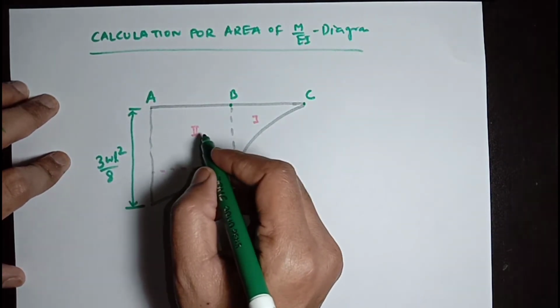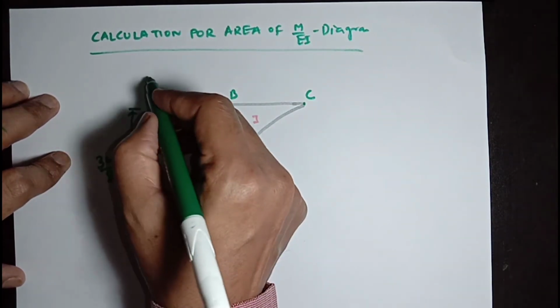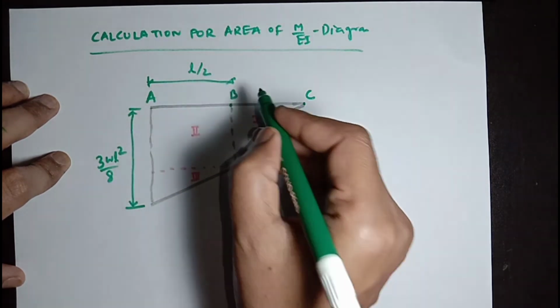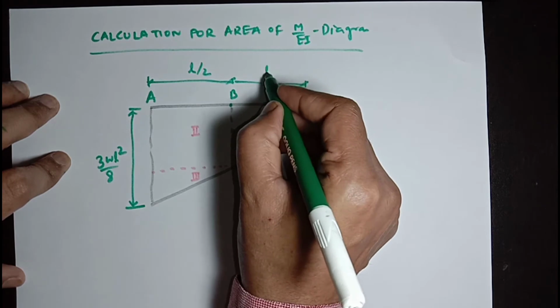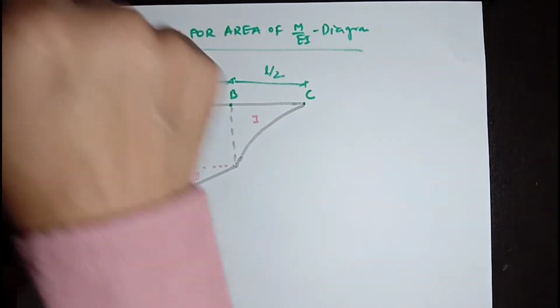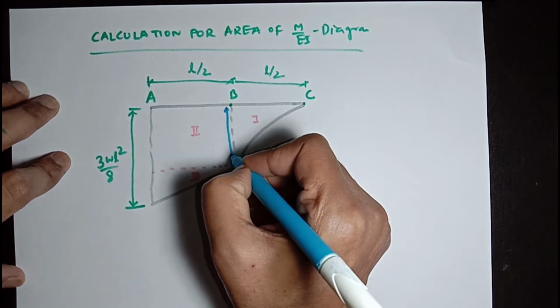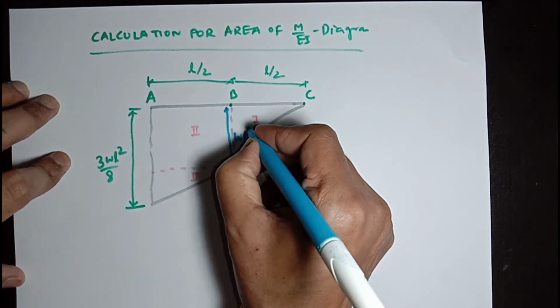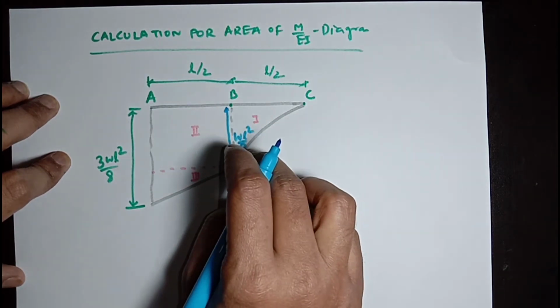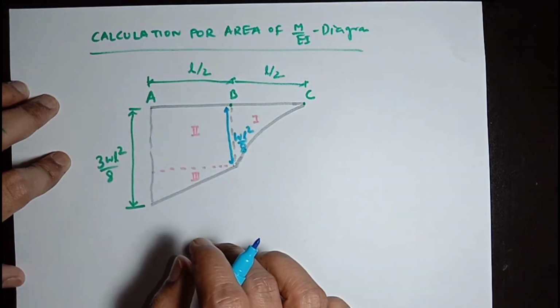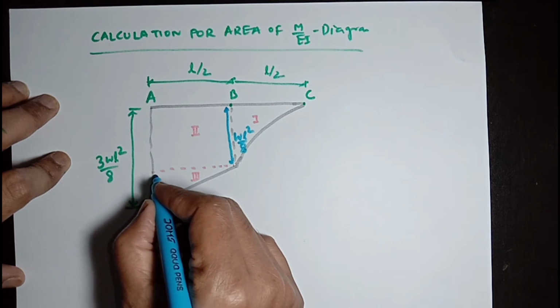Now the area of this rectangle is very easy, as we know this length is L by 2, and here this value is WL square by 8. WL square by 8 multiplied with L by 2 will give the area of this region 2, and this is a triangle. We need to find this length.